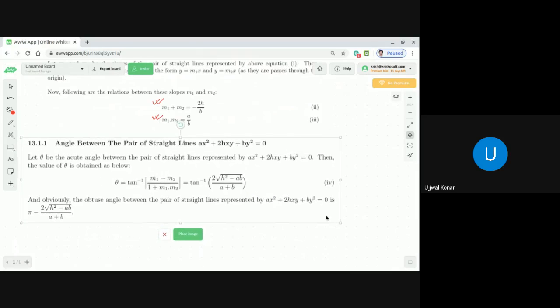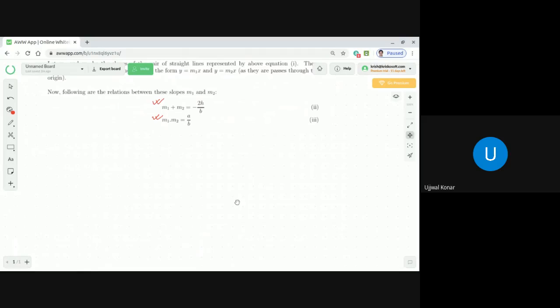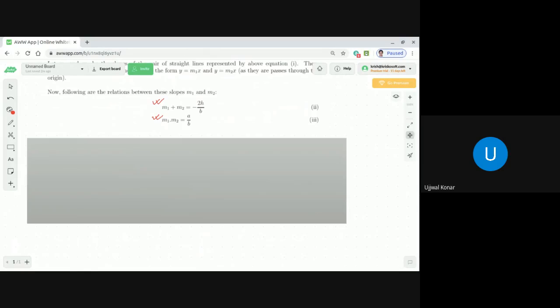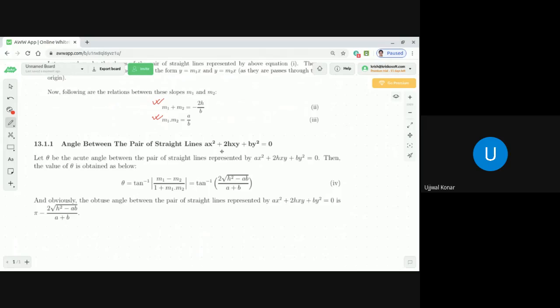Angle between the pair of straight lines. Dear students, whenever we see the homogeneous equation of second degree, something like ax square plus 2hxy plus by square equal to 0, it jointly represents two straight lines, y equal to m1x and y equal to m2x. Let theta be the acute angle between the pair of straight lines represented by ax square plus 2hxy plus by square equal to 0.